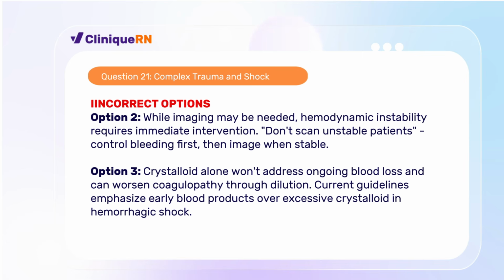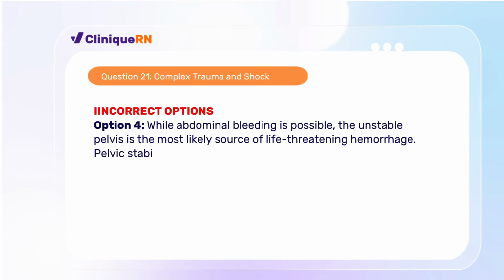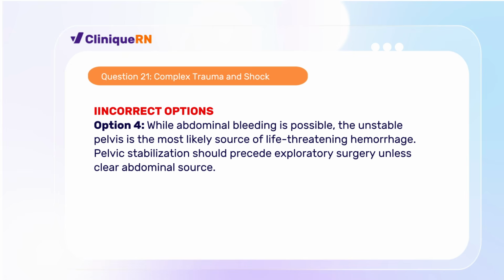Current guidelines emphasize early blood products over excessive crystalloid in hemorrhagic shock. Option 4. While abdominal bleeding is possible, the unstable pelvis is the most likely source of life-threatening hemorrhage. Pelvic stabilization should precede exploratory surgery unless there is a clear abdominal source.